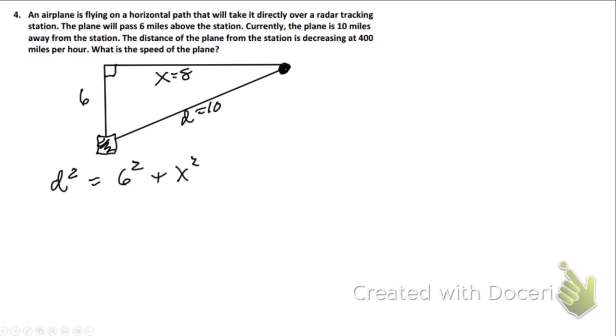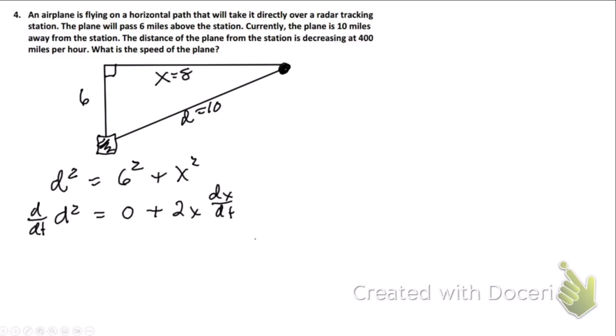So we take d dt of d squared. What's the derivative of 6 squared? Just 0, it's a constant. It's not changing. Then 2x dx dt.